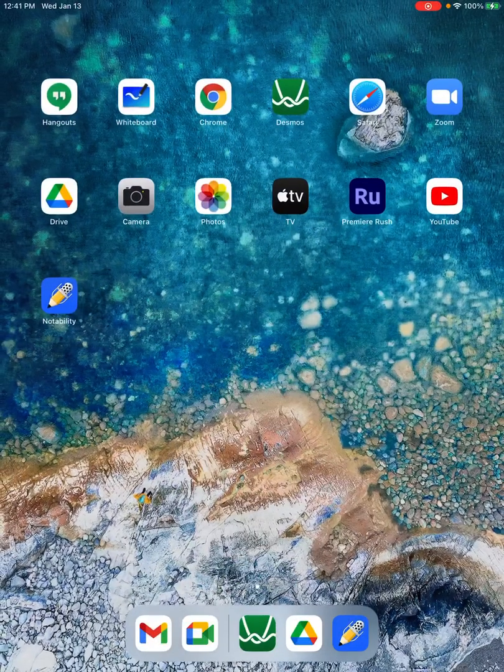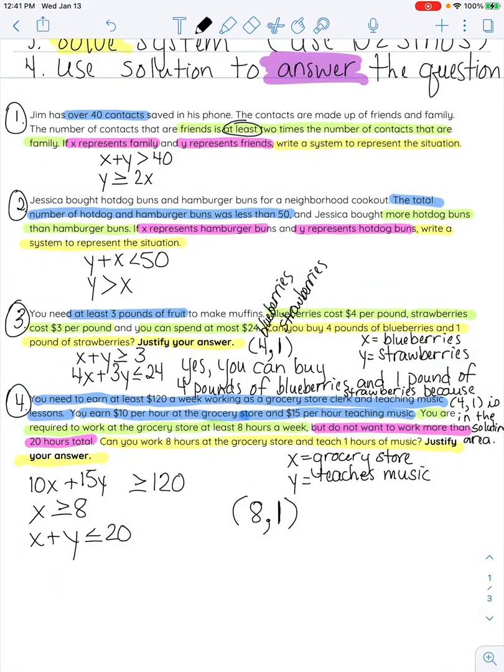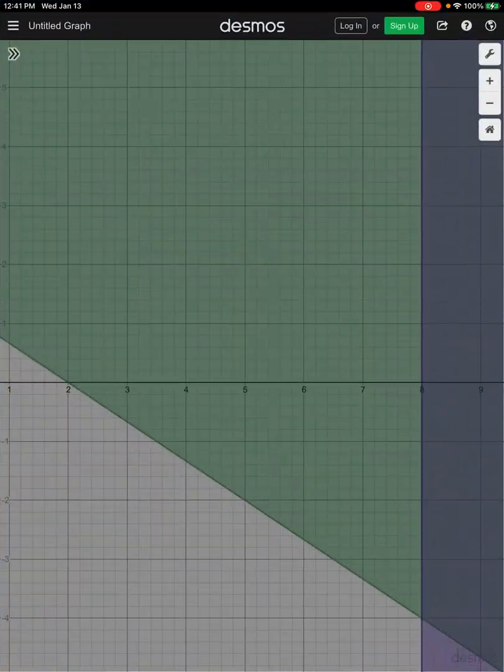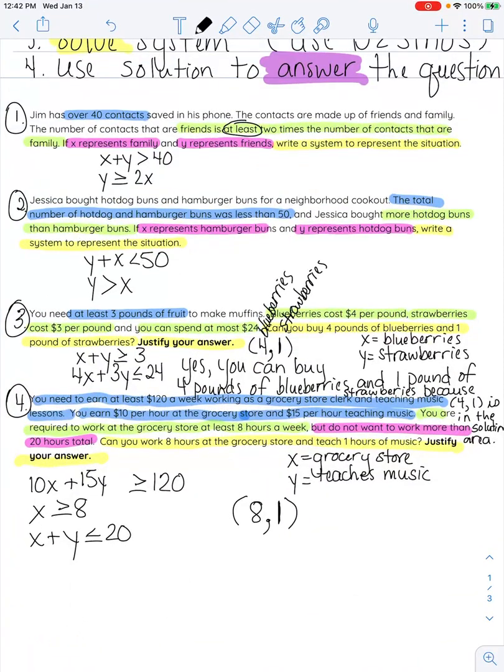Now I notice there's a solid line, but I need to go back and check my inequalities. At least. Yeah, so it looks like because it's on a solid line, over 8 up 1, yes, you can work.